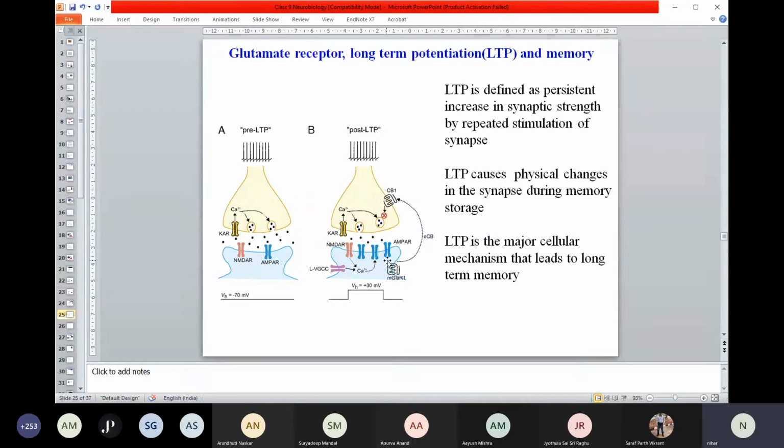The density of the postsynaptic receptors is increasing. In other words, the strength of the postsynaptic neurons actually increased. Now, once this continues for a long time, then there is a generation of new synapses or new dendritic spines. I hope so. That's how you can store the memory of that particular incident.